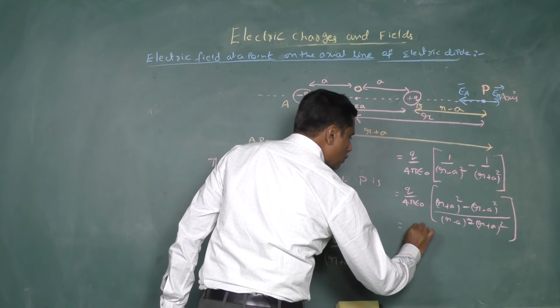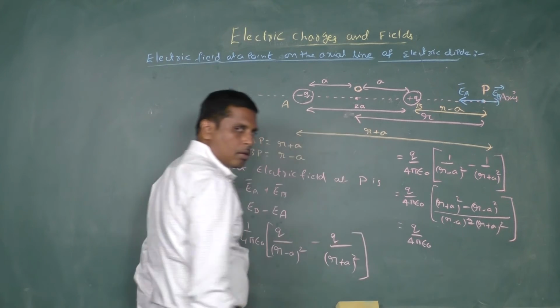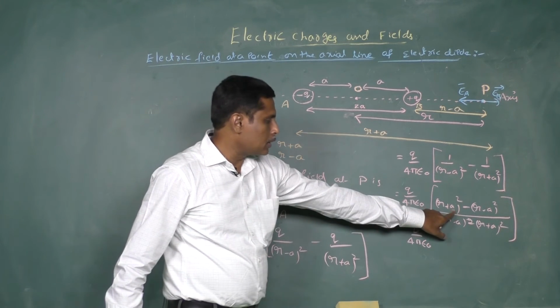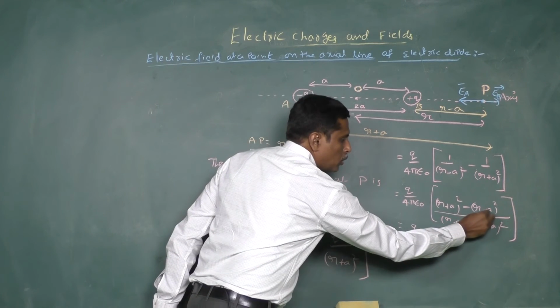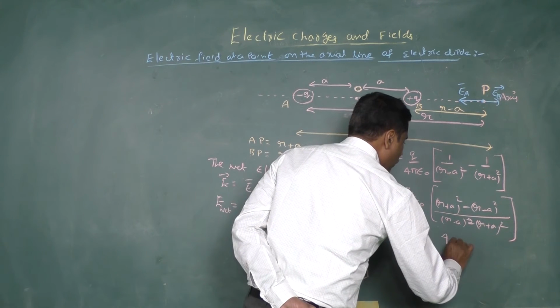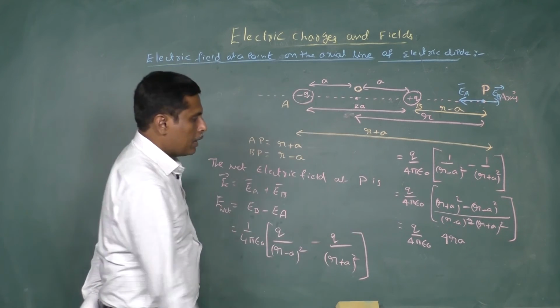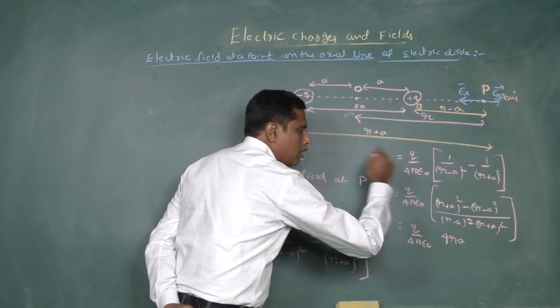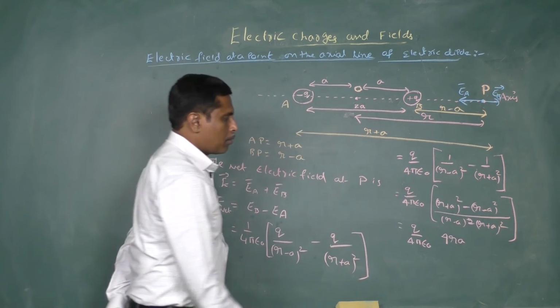That is equal to Q by 4 pi epsilon naught into, expanding this (R plus A) whole square and (R minus A) whole square, we can get 4RA, taking the negative sign into (R minus A) whole square.